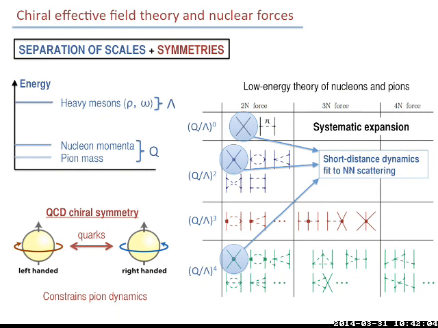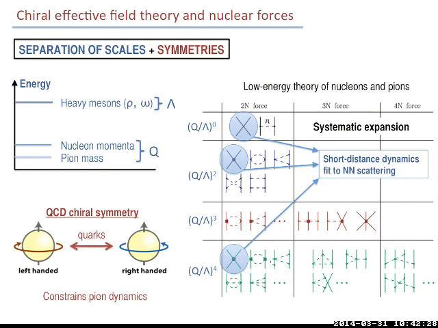There are some open issues regarding the correct power counting, but the basic strategy, nevertheless, is just to construct, order by order in powers of this light scale divided by the high scale, various contributions to nuclear forces and currents. This has already been computed up to fourth order in powers of Q over lambda in the case of nuclear 2, 3, and 4-body systems.